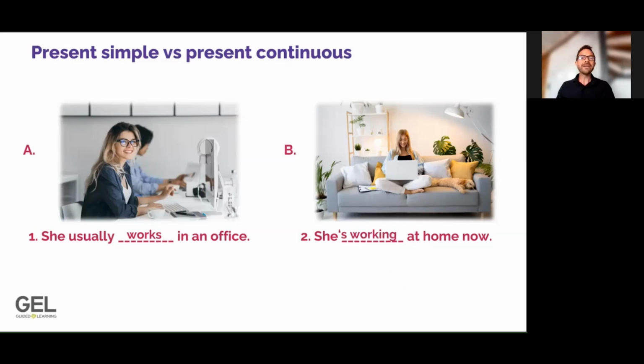So the correct choice here is the present continuous form because we are talking about a now action at this moment. So we would say she's working at home now.